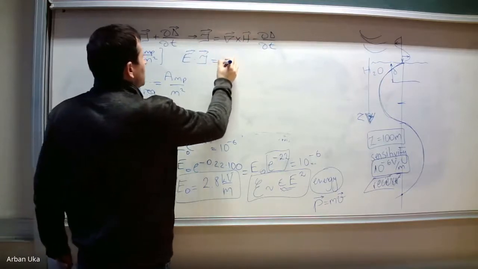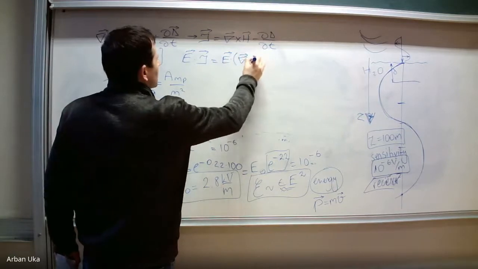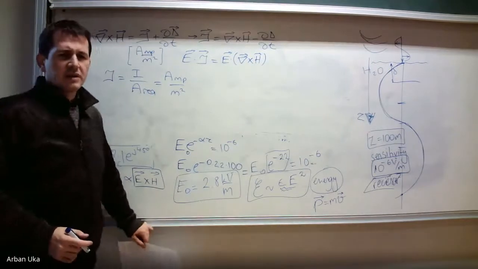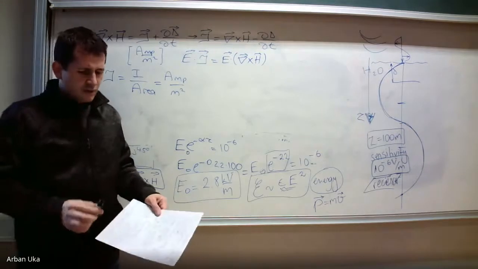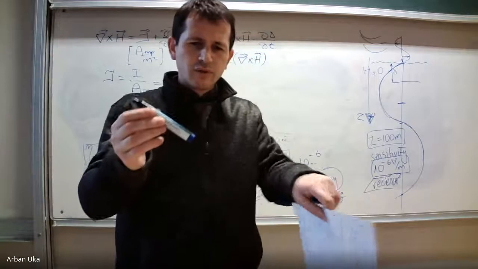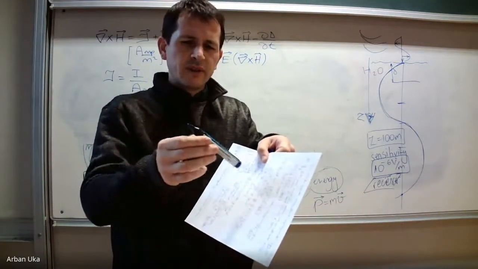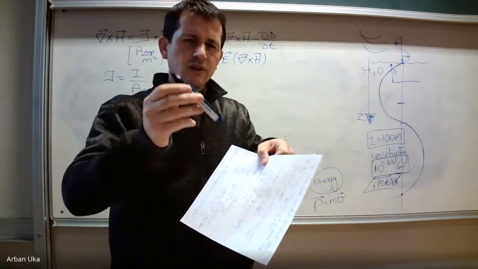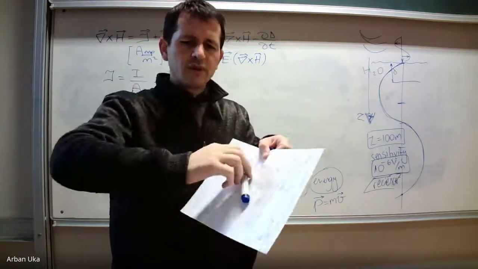And this is going to be equal to, again, let's try it like this for a moment. So what is the curl of H? The curl of H is in a plane perpendicular to H. What we want to say is that the curl of a vector, which is pointing perpendicular to this plane, is going to be anywhere on the plane.